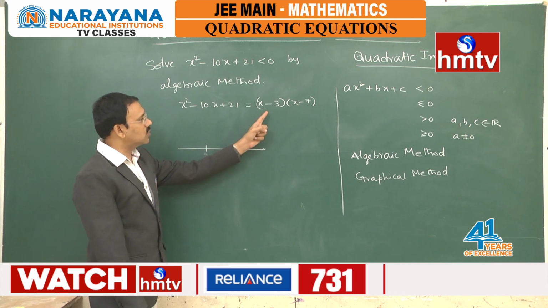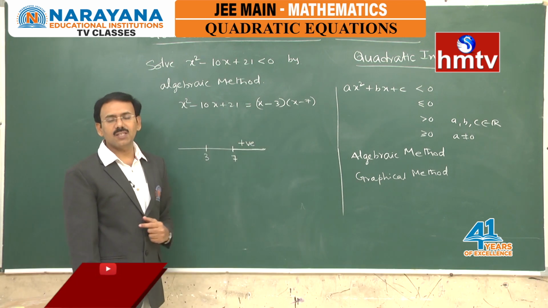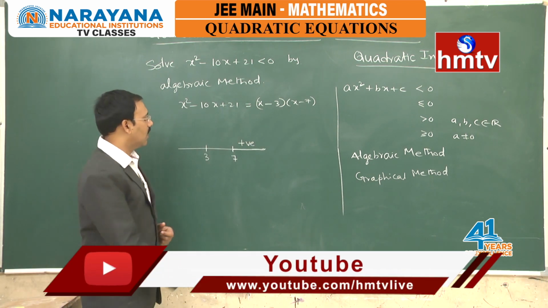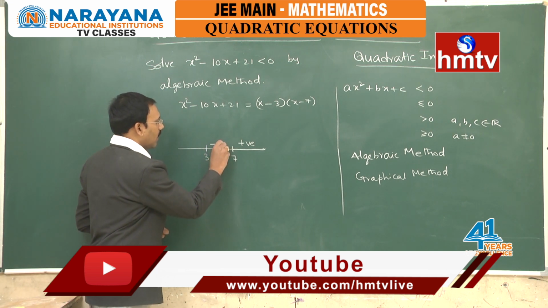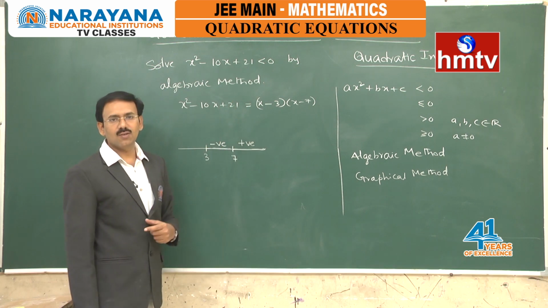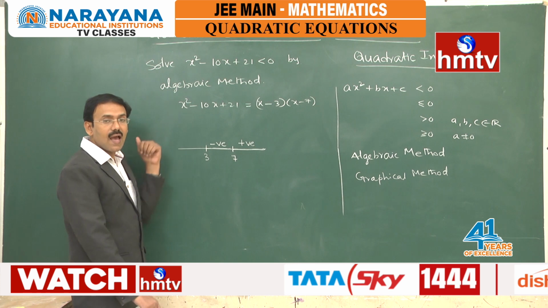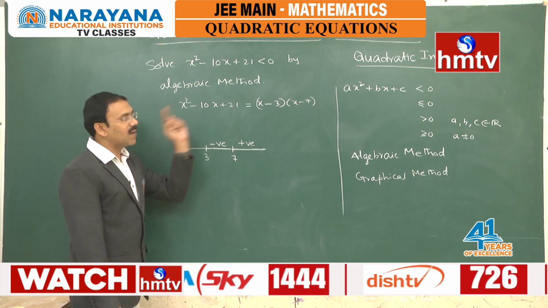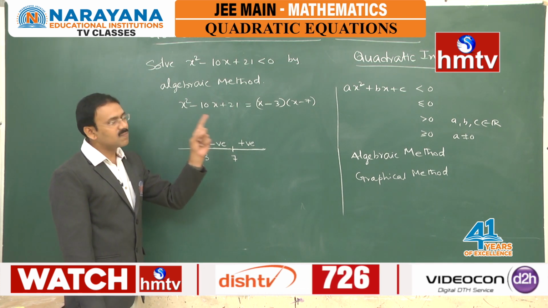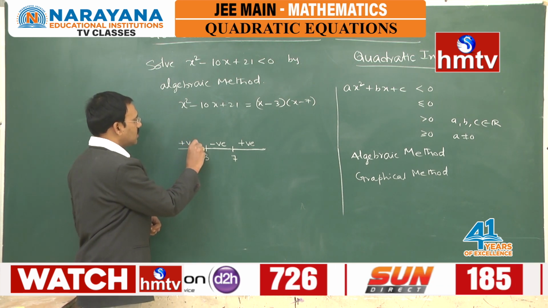Like 4 you substitute, this is positive, this is negative. Product of these two expressions would be negative, and hence for any number between 3 and 7, this expression is going to be negative. Now, for any number less than 3, x − 3 is negative, x − 7 is negative, so their product is positive.